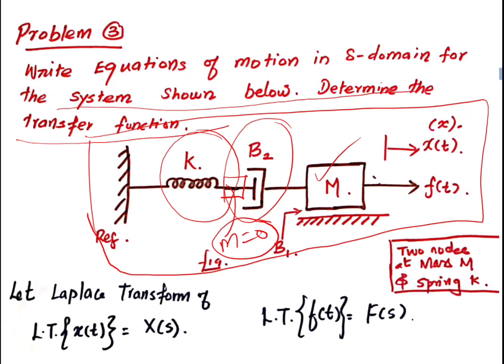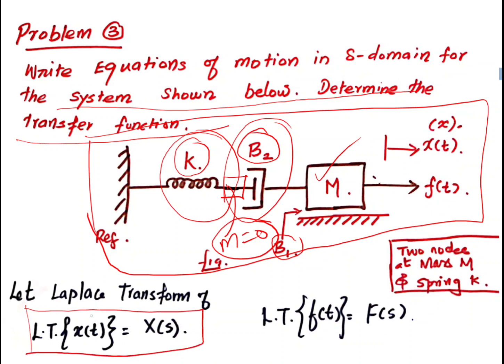So this is the initial assumption. As far as this problem is concerned, K is the spring constant, B2 is the friction of the dashpot, and B1 is the friction because the mass element is lying on the reference. And other assumptions are: Laplace transform of x of t is X of s, Laplace transform of f of t is F of s.